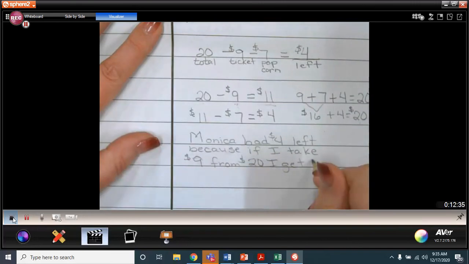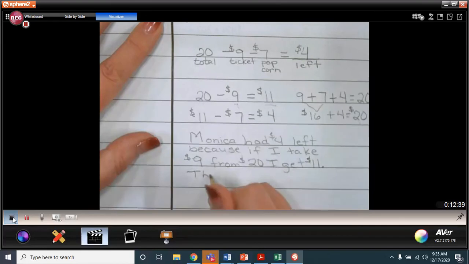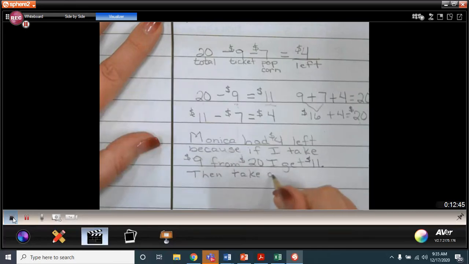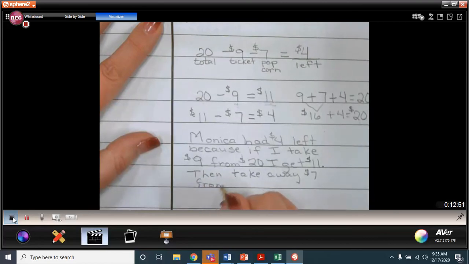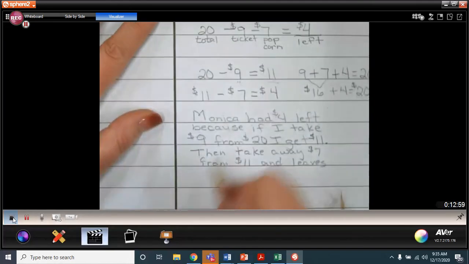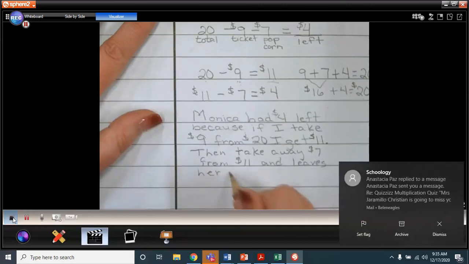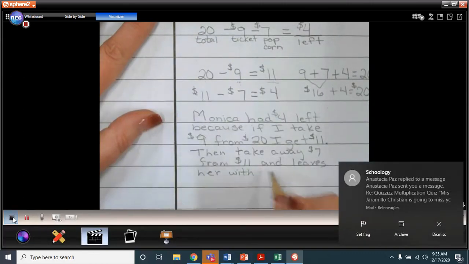I get $11. Then take away $7 from $11, and that leaves her with 4.